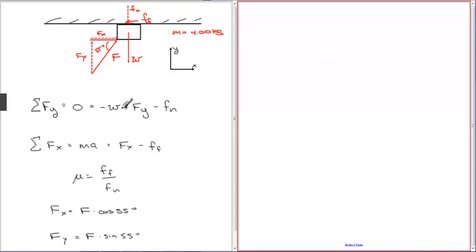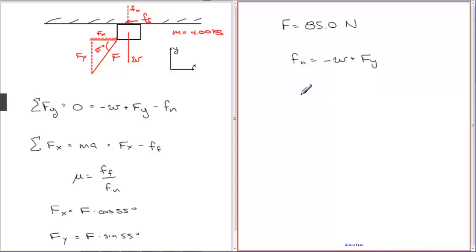So, do we know the force? Okay, yes, we do know force. The force is 85.0 newtons. So let's solve for the normal force. The normal force is going to be equal to negative W plus F sub y.